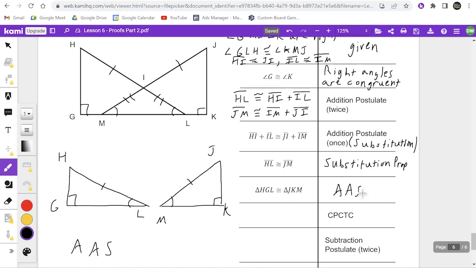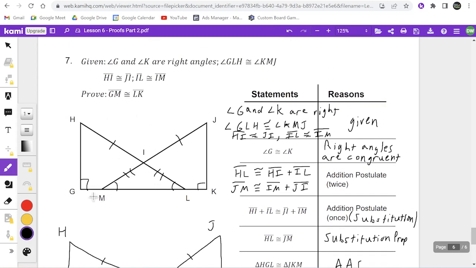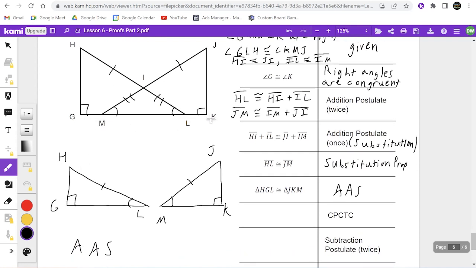Okay. Now I'm going to take a pause and ask myself, what am I trying to prove again? Looks like I'm trying to prove GM and LK. That's the two little guys at the bottom. Okay. So now the next reason is CPCTC. Who thinks they know what the statement is? Go ahead.